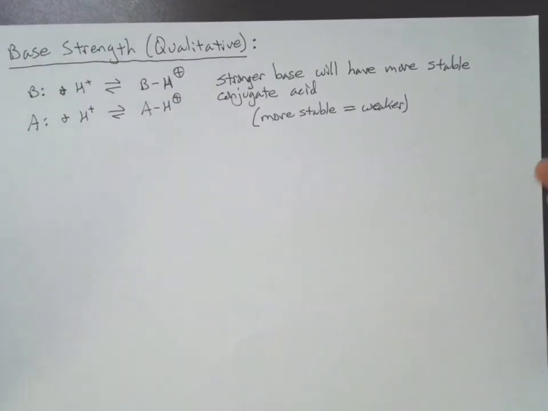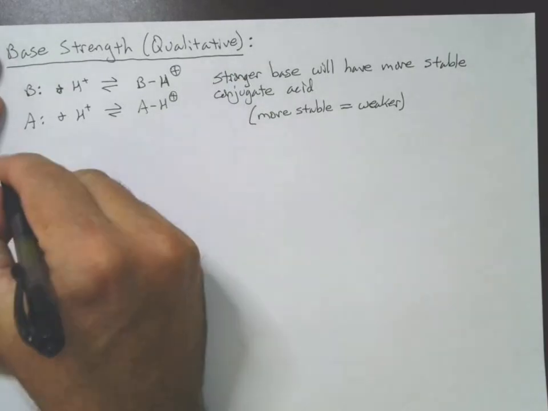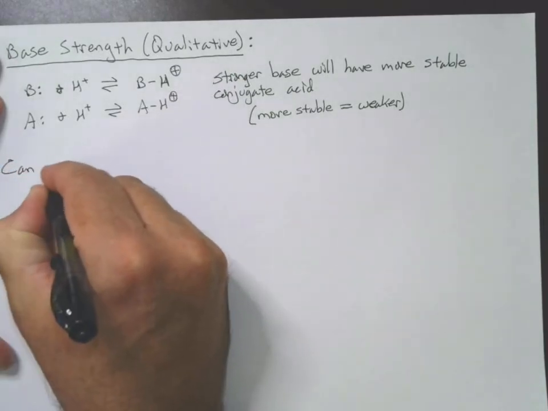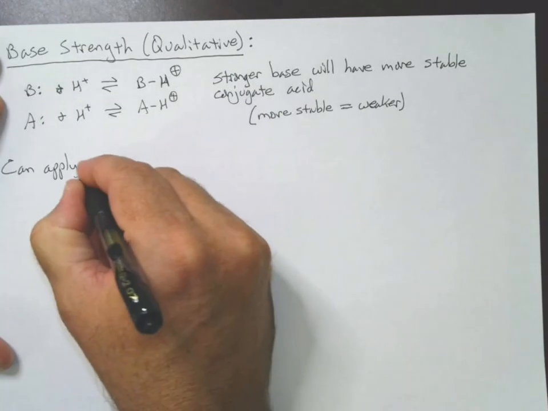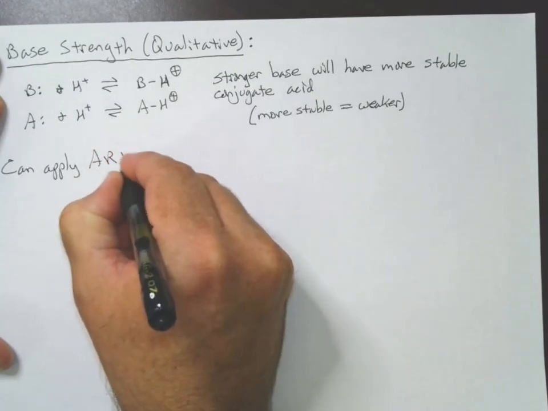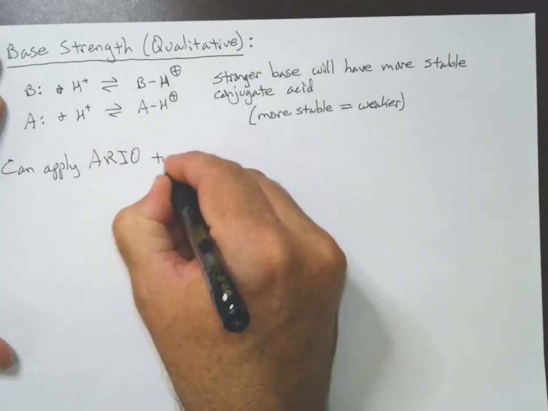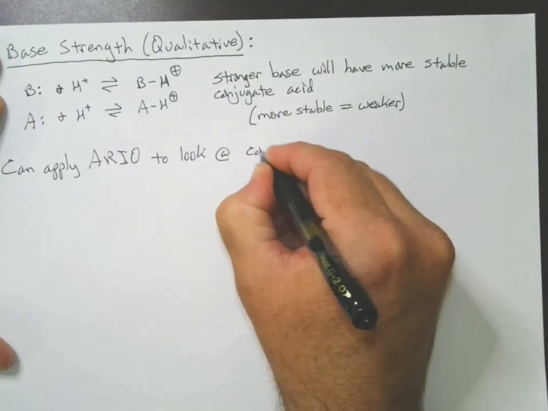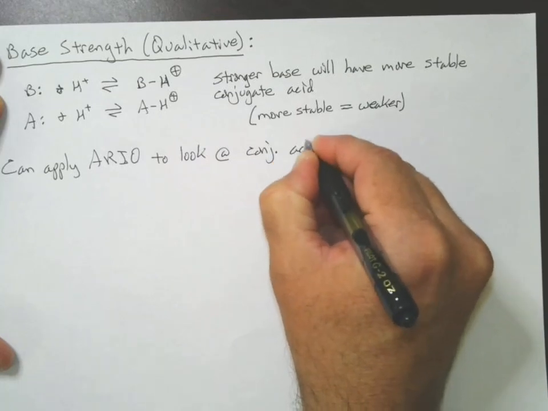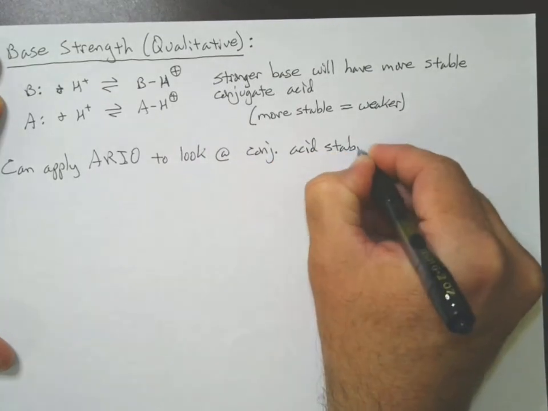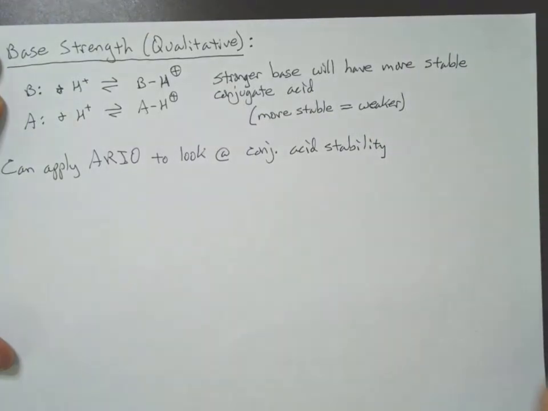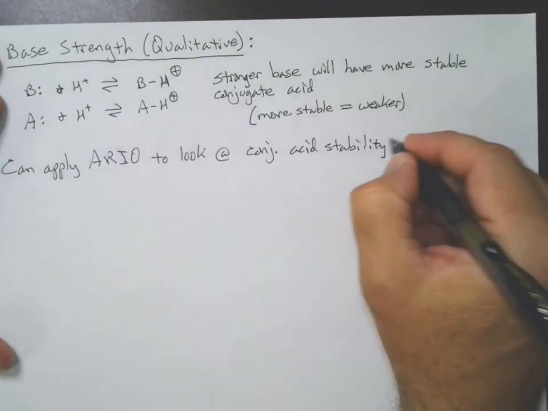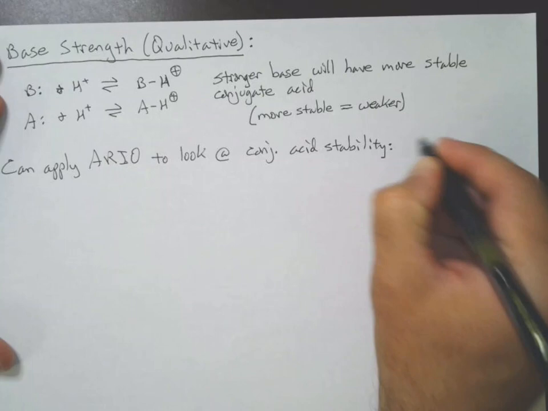I'm not going to go into too much detail about this, but we can apply REO to look at conjugate acid stability. There are some slight differences here.